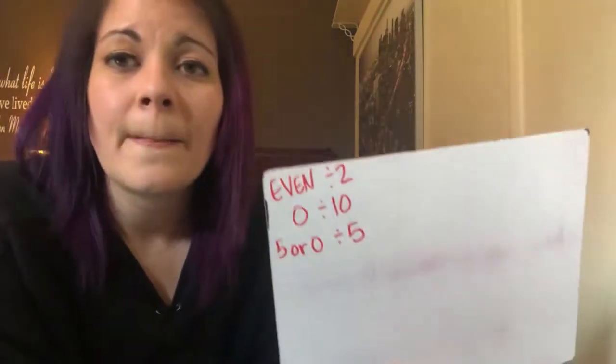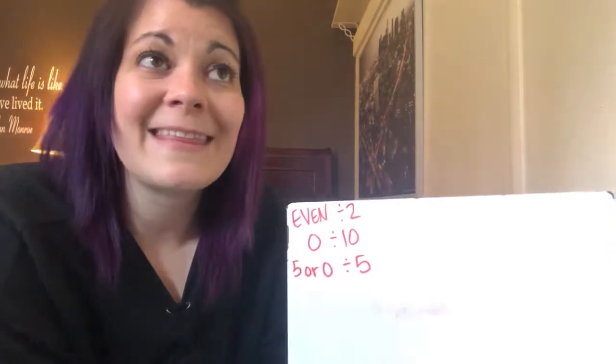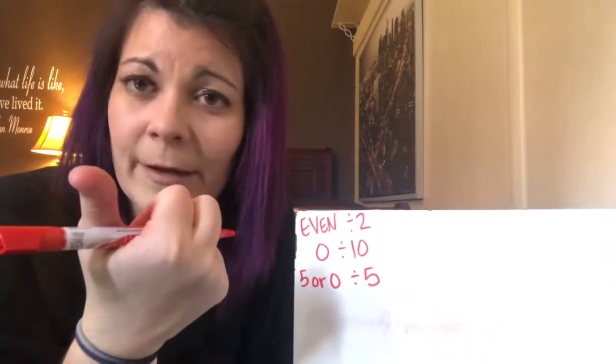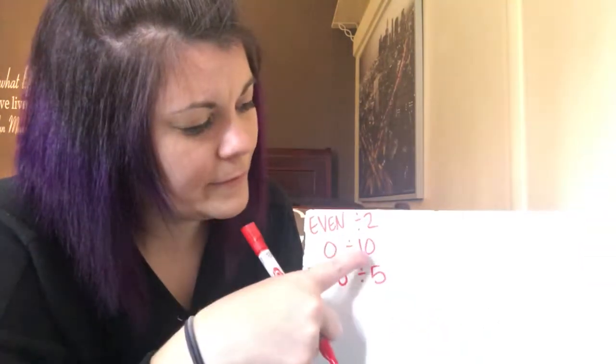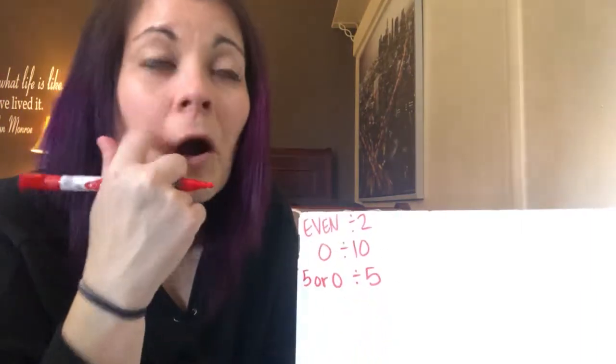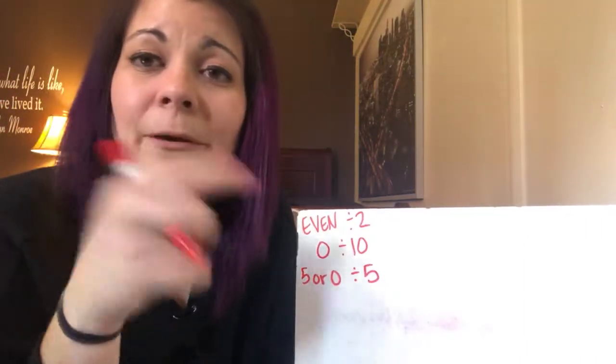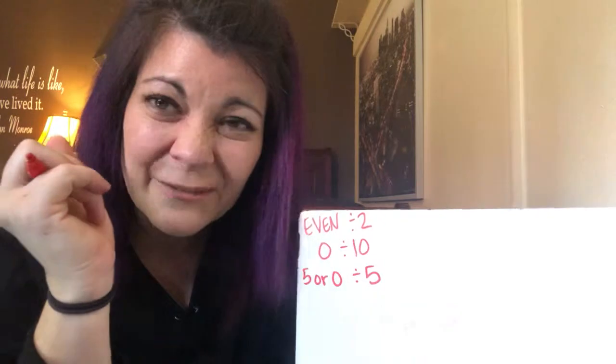Divisibility rule for 5: if it ends in a 5 or a 0, it's divisible by 5. So if we see a number that ends in 0, that's an even number, and it's divisible by 10 and 5. All numbers ending in 0 will be divisible by 2, 10, and 5.